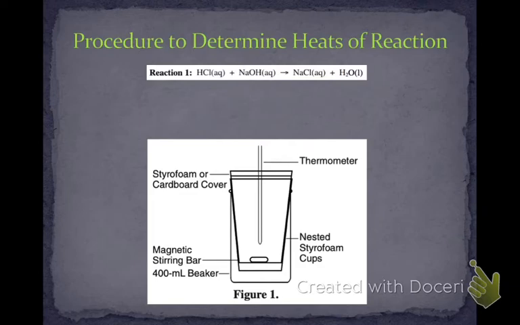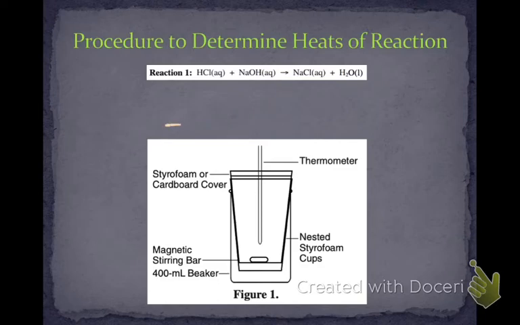So the first thing that you should do is put that magnetic stirring bar into the calorimeter, because after you add the hydrochloric acid you want to start stirring so that when you add the next solution it will start mixing right away.